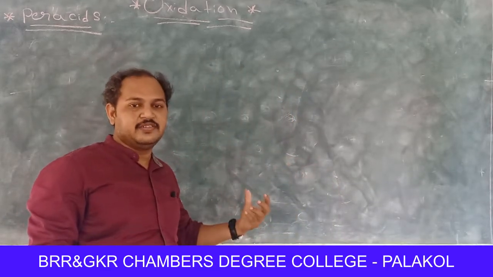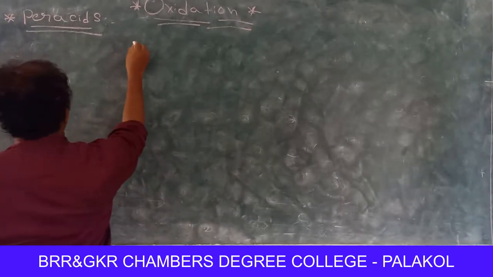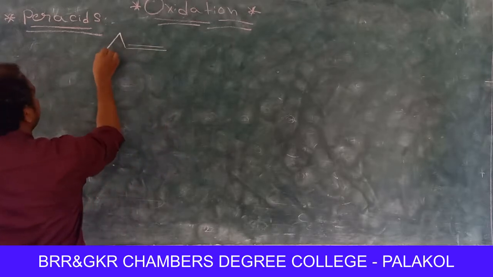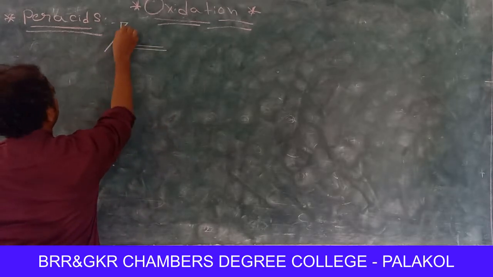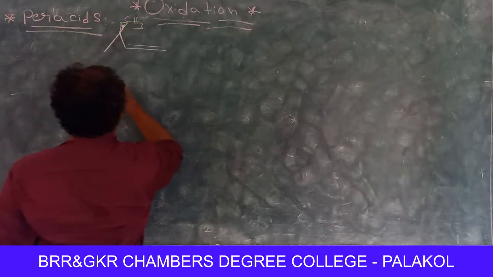Already I have explained with one example, and again I can give one. So this is the double bond, just imagine, and here I have a methyl group above the plane.